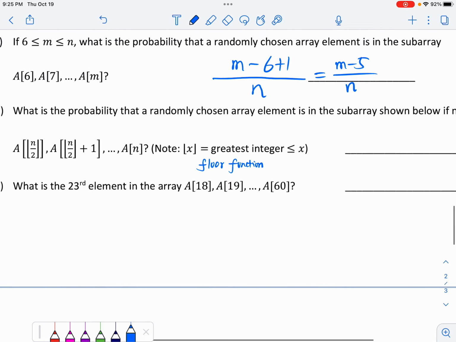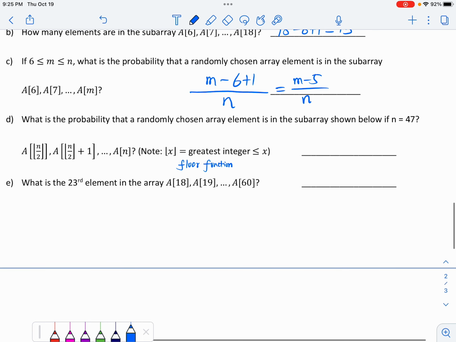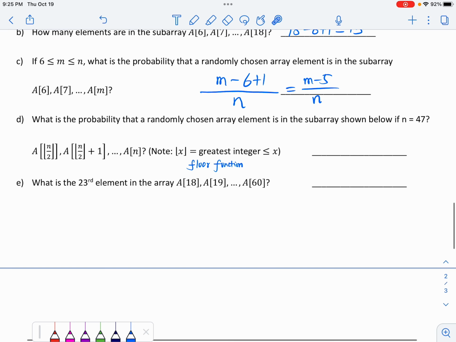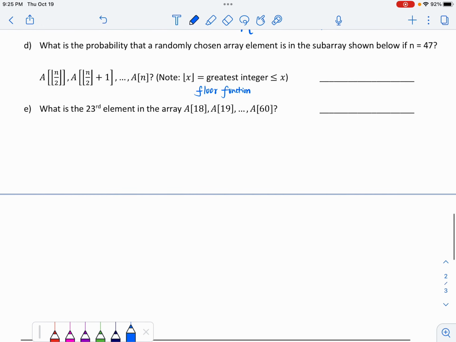All right, so now let's take a look at what is the probability that a randomly chosen array element is in this subarray. Let's count. So n is 47. Let's first find the floor of 47 over 2. Let's do a little algebra somewhere here. 47 over 2 is like 23.5, and the greatest integer function of 23.5 is actually 23.